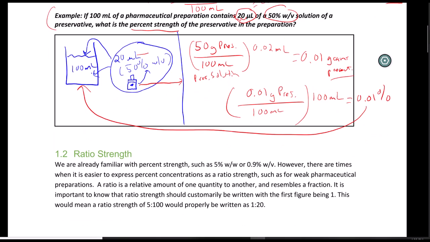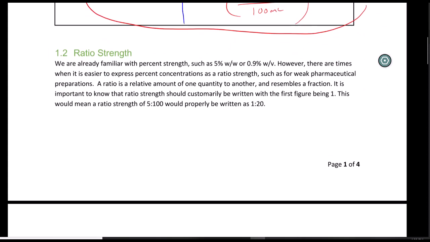All right. Let's look at something using ratio strength as another way to put a label on a concentration. So we've already done concentrations this way, right? 5%, and you'll see in some of the liquids we use 0.9% weight and volume.